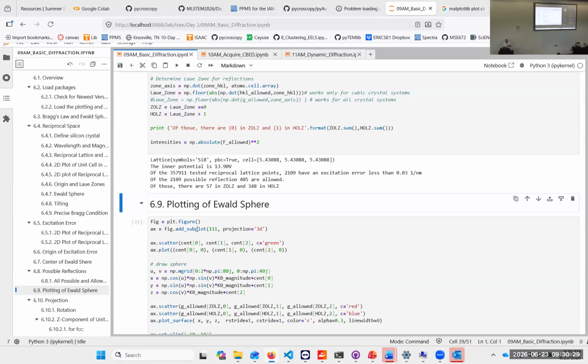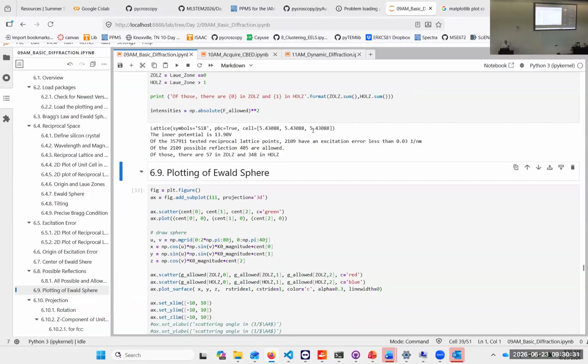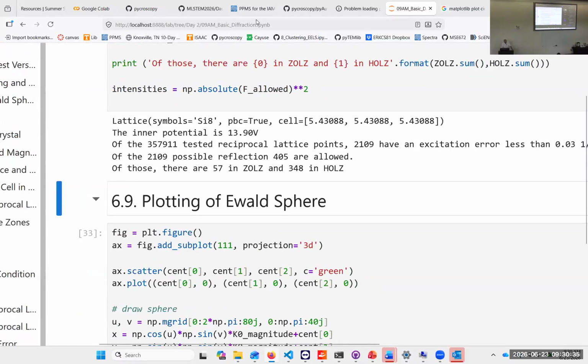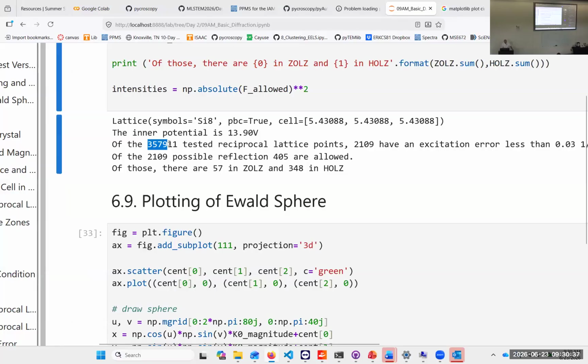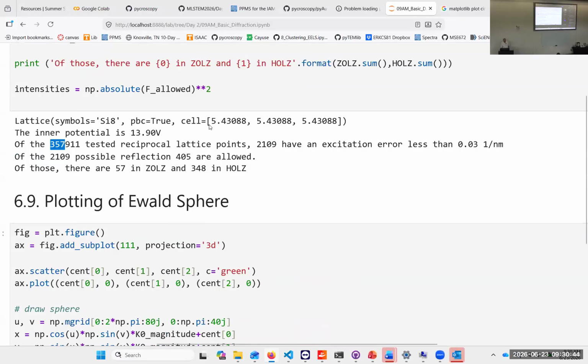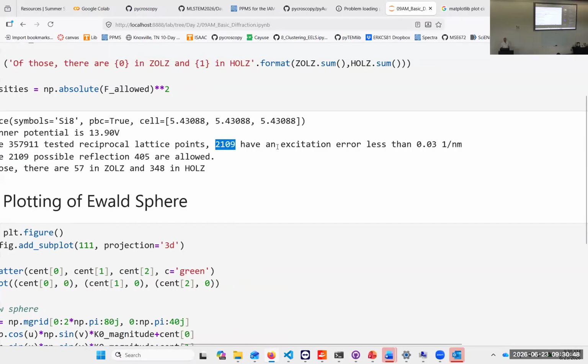End of story. So we have, in this case, we tested about 350 different lattice points. And of those, 2,000 have an excitation error less than what I gave it, 0.03 nanometer, right?